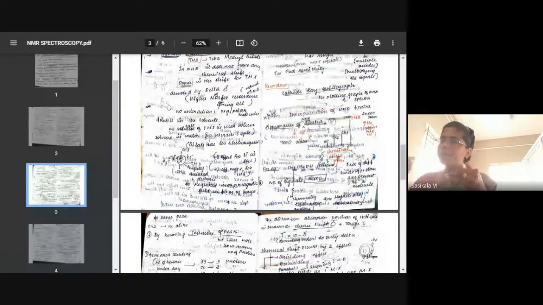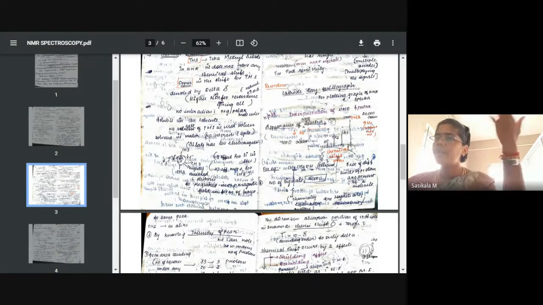Why? Because all 3 protons, for example in CH3, will require the same magnetic energy for resonating with the frequency. That means the precessional frequency for all the protons is the same. That's why it is giving the same chemical shift value, and the intensity of the signal will be high. For 3 protons it will be high, triple compared with CH2 and OH.